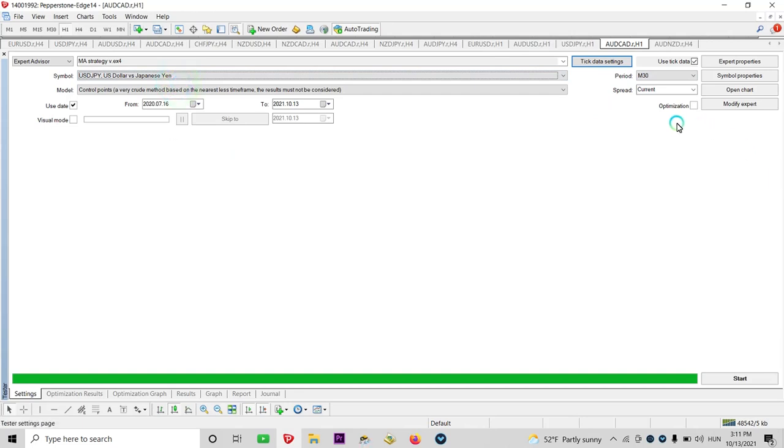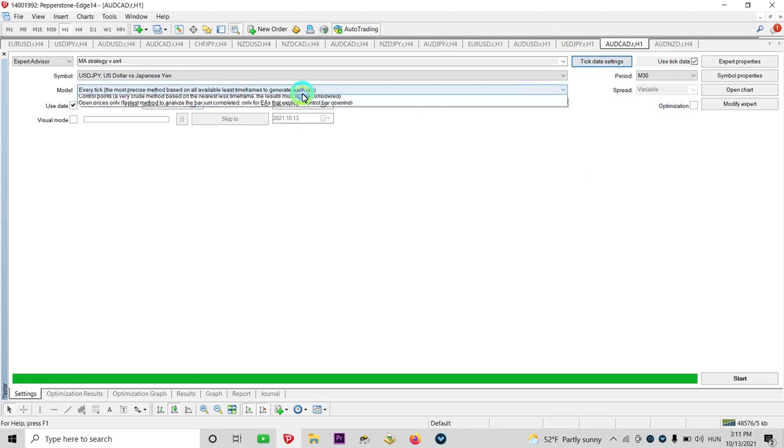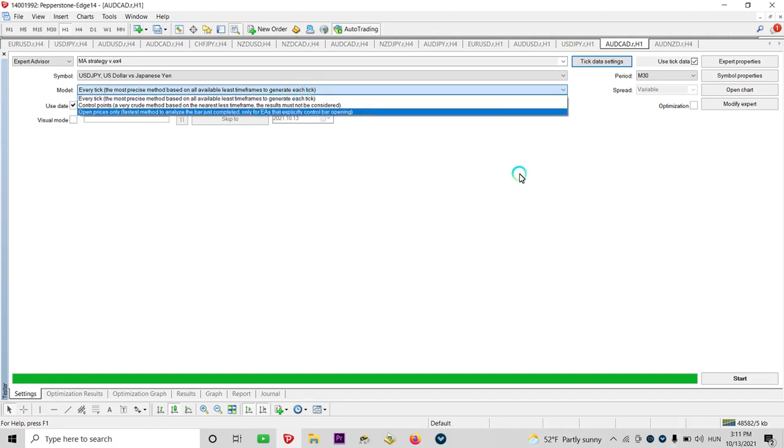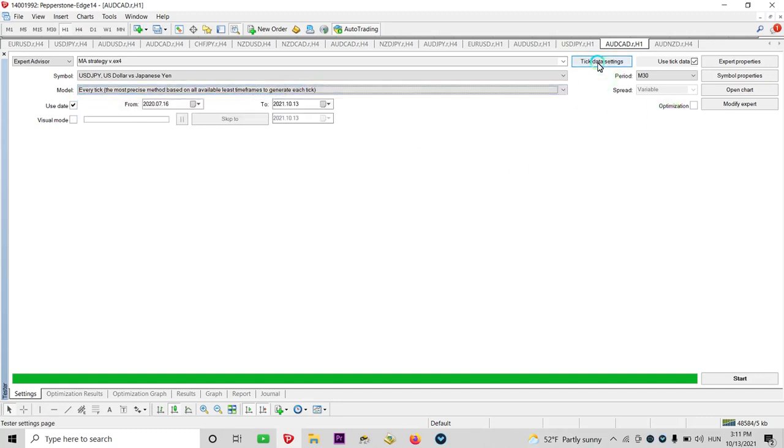And of course we will be using variable spread and tick data, and not just the tick data that is here in MT4, but paid tick data from a really reliable source, actually the most reliable source. So I want to do all the tests as close to reality as possible.